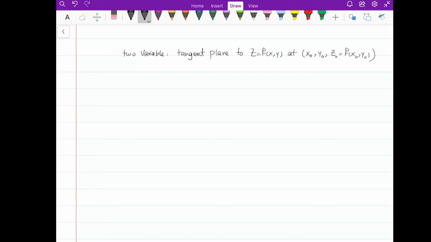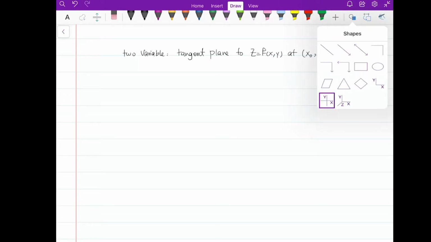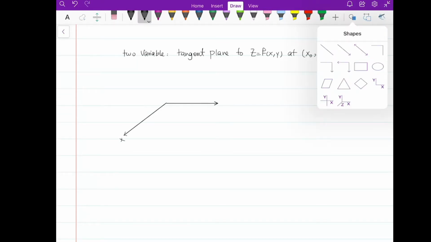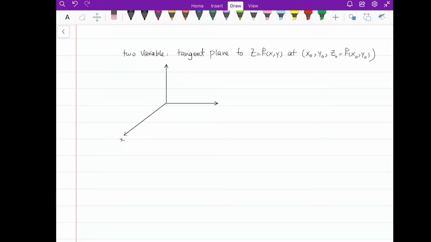So let me graph this situation as well. So I have x-axis, y-axis, and z-axis. And let's assume that, for example, this is the surface of z equals f of x and y.